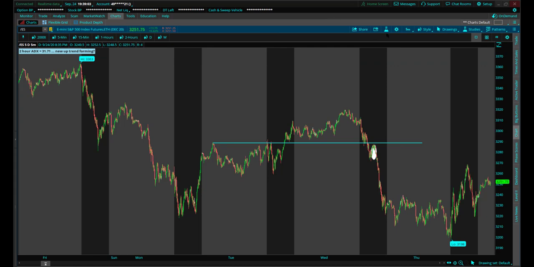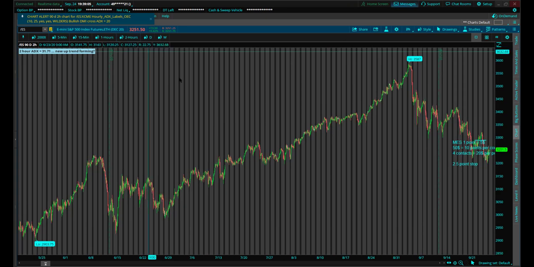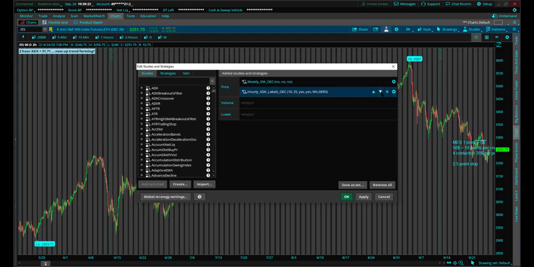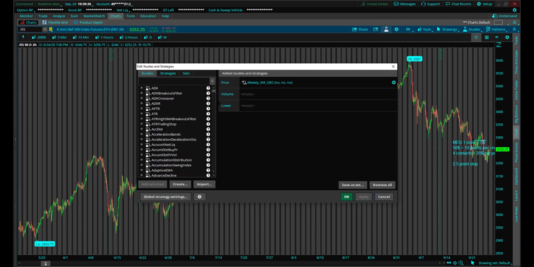But what else can we do, right? What about direction? ADX doesn't give us direction. Now you can add things like DMI plus or DMI minus. Those are tools that are built into a lot of ADX indicators on different products. So you could do that, or you could just focus on a different indicator.